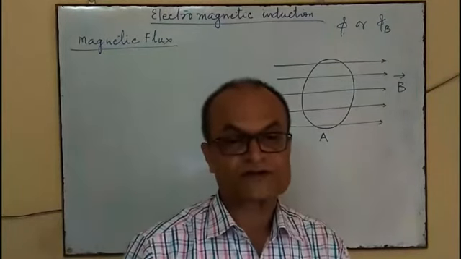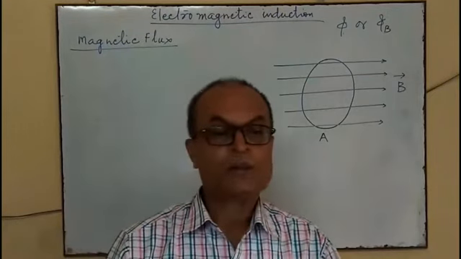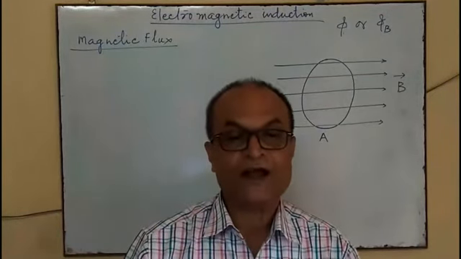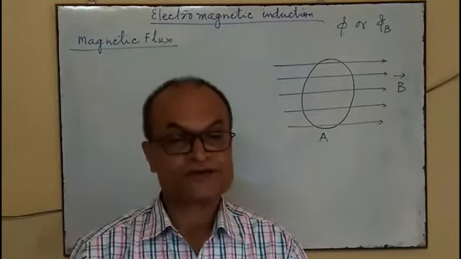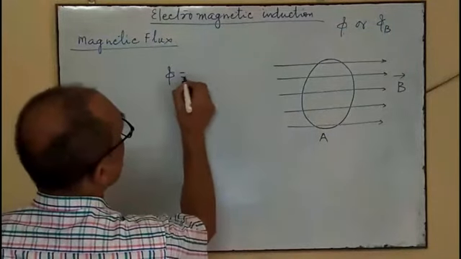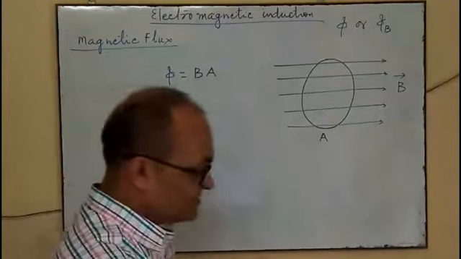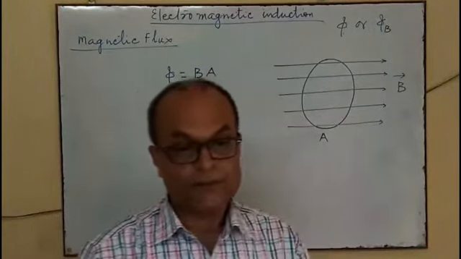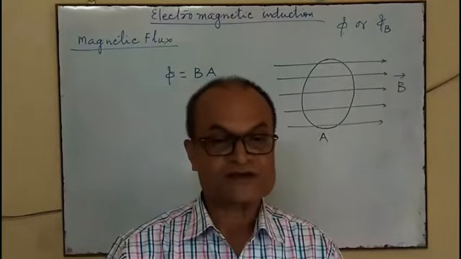So magnetic flux, according to the definition, is the total number of magnetic field lines of force passing through the surface normally. So phi is equal to BA. That means the product of magnetic field and the area through which it passes.